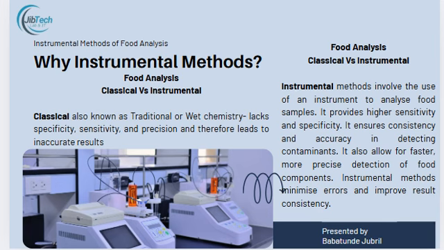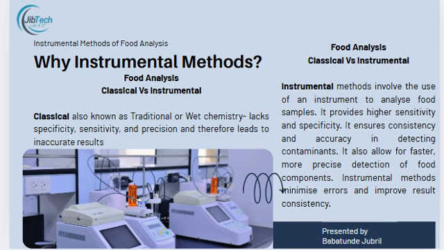All right. And because these methods engage the use of instruments, they are more sensitive. They have higher sensitivity. They are more accurate compared to the classical method. All right. So this takes us to the advantages of instrumental method over classical method.